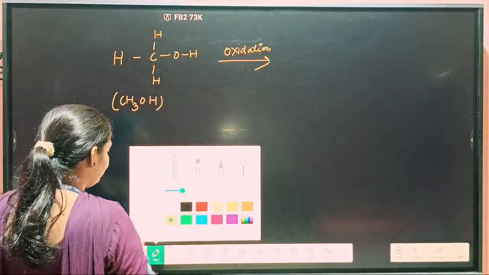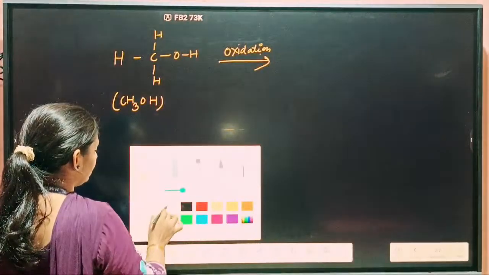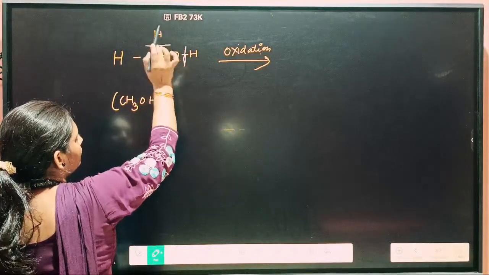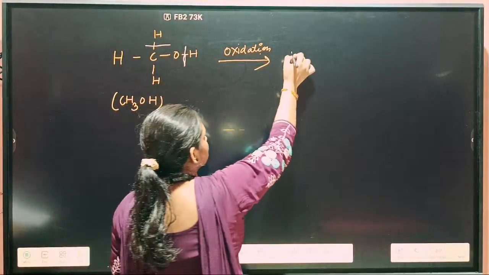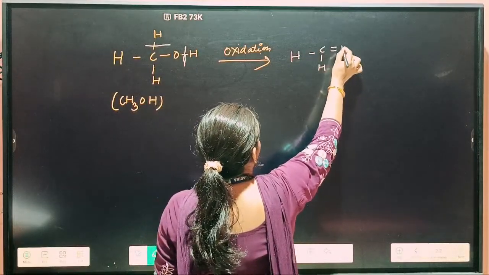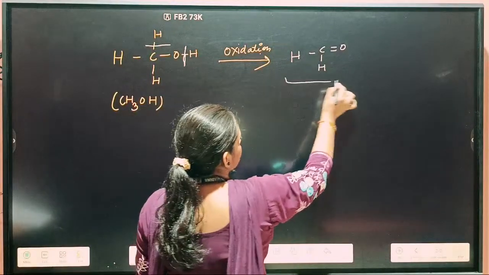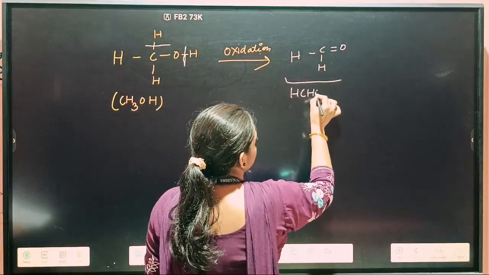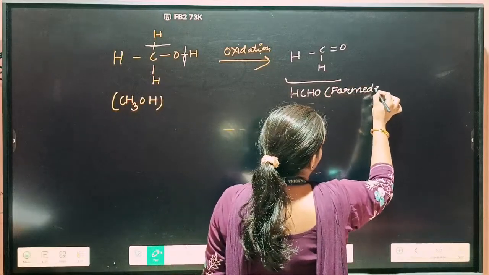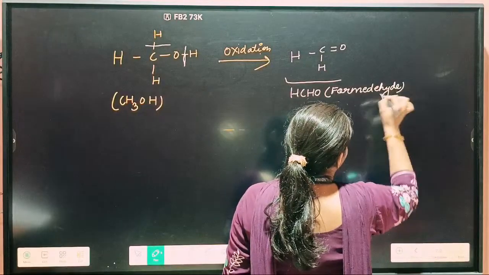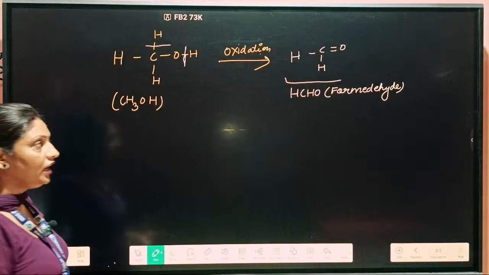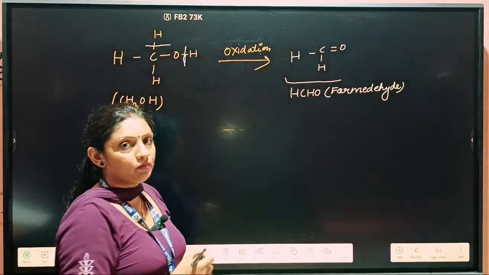We will remove the hydrogen, and you know very well removal of hydrogen is oxidation. One hydrogen we will remove from here and one from here. So students, what can you get? You can get HCHO. This is methanal or formaldehyde. From oxidation of methanol, we can obtain methanal or formaldehyde.